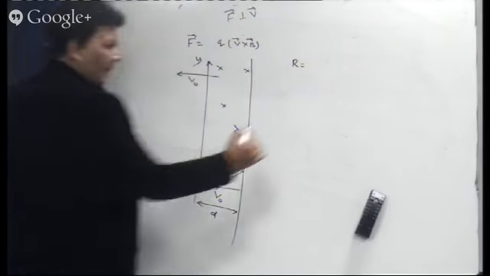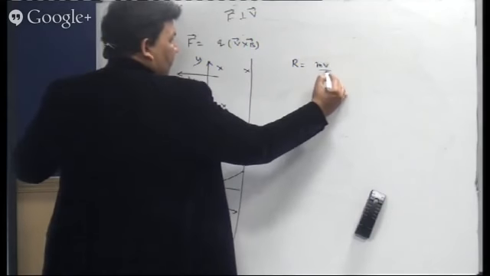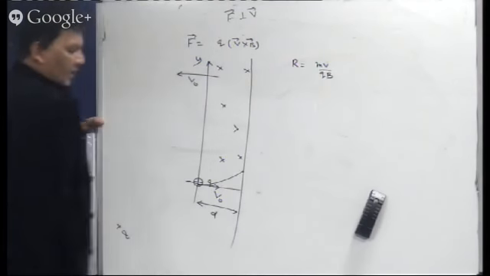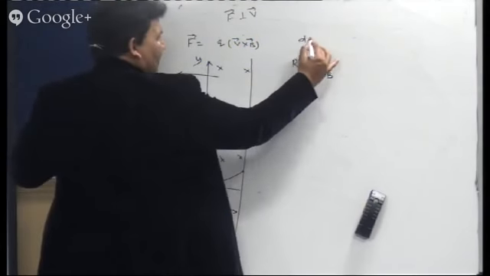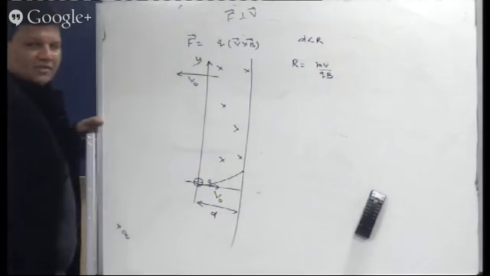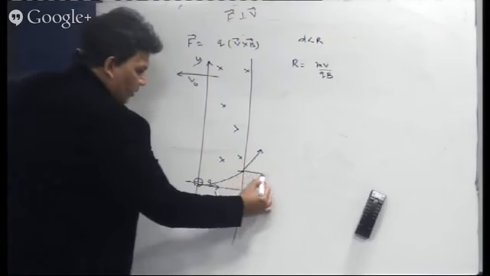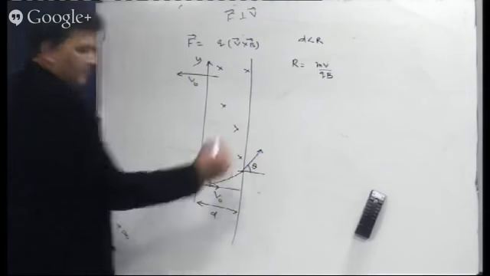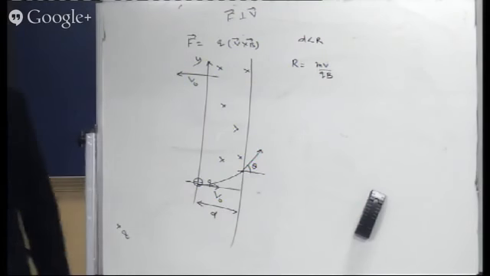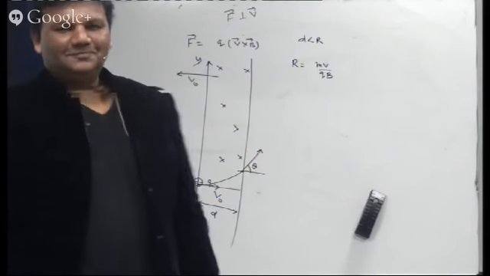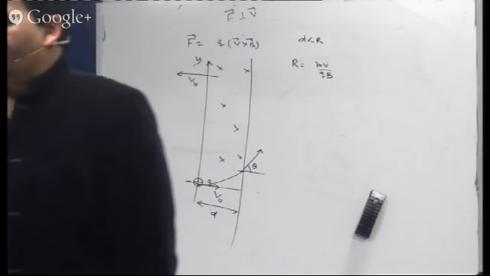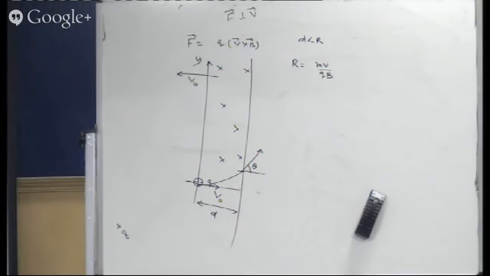We all know that: mv by qB. Now, my d is less than r. When it comes out, it will come out like this. What is the angle it makes with the x-axis? What is the angle?